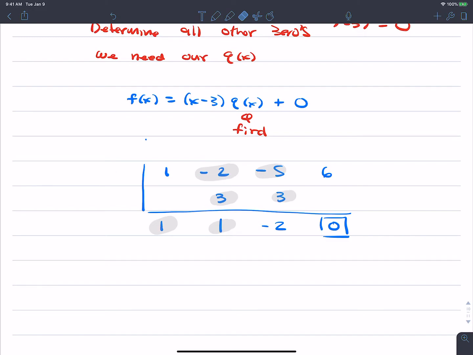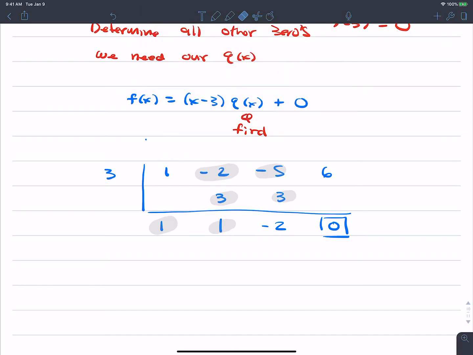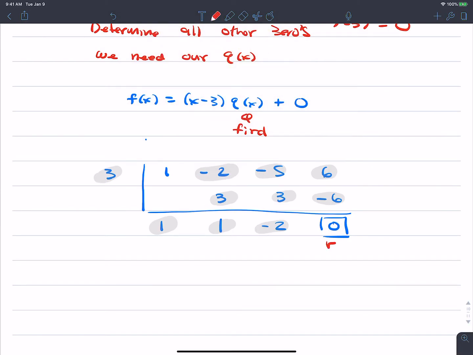Repeat the process. 3 times -2 gives you -6. So that when I add these values, I'll get 0. Here's my 0 remainder here. So sure enough, 3 is a root.